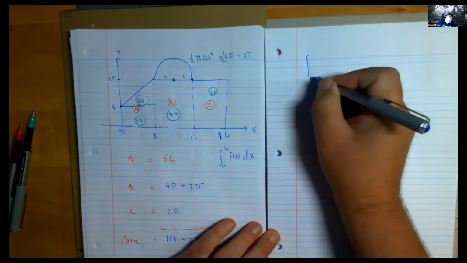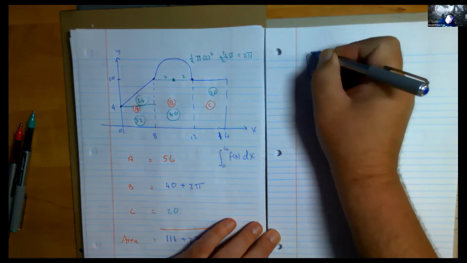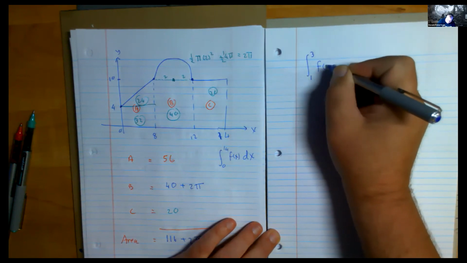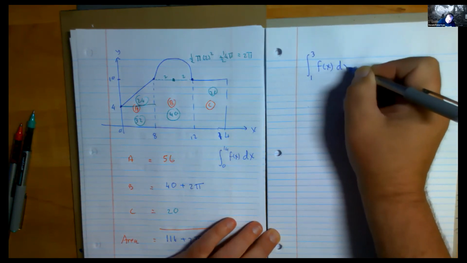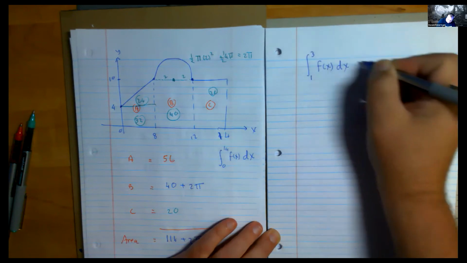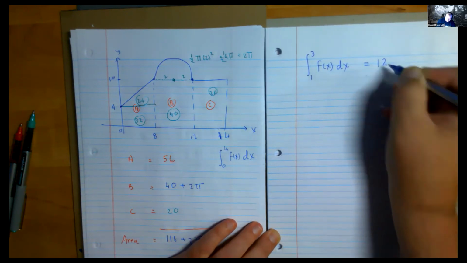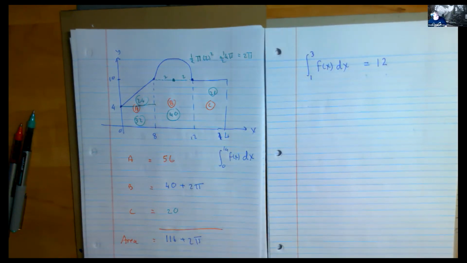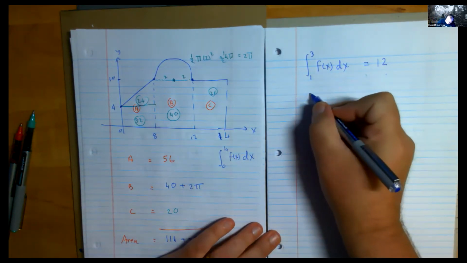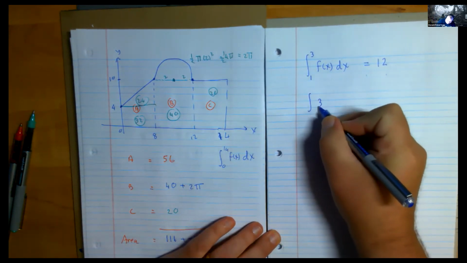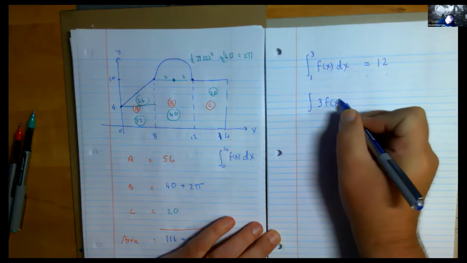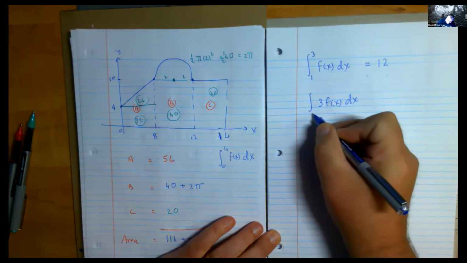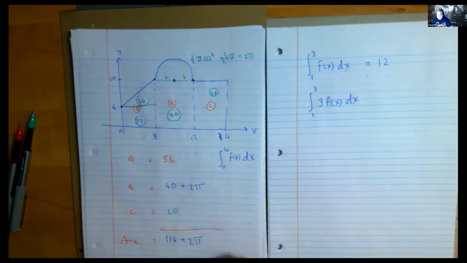Now here's something. Suppose I tell you the integral from 1 to 3 of some function, we don't really care what it is, and I tell you that the area under that curve was 12. And I asked you to use that to find the area under a function three times f of x.